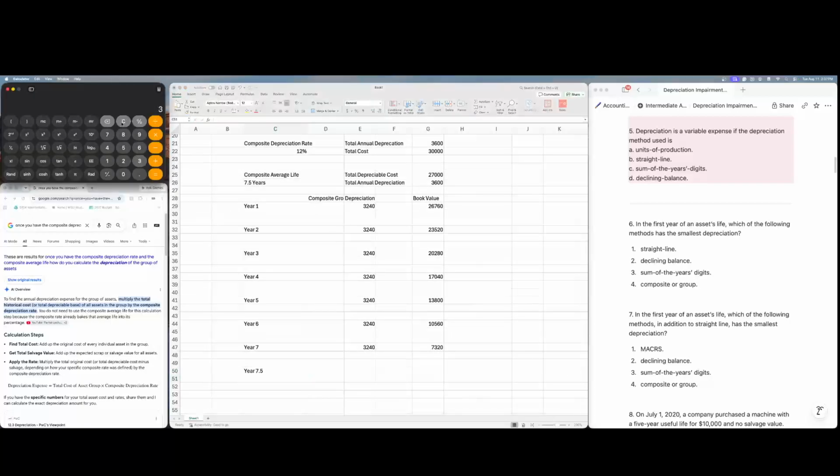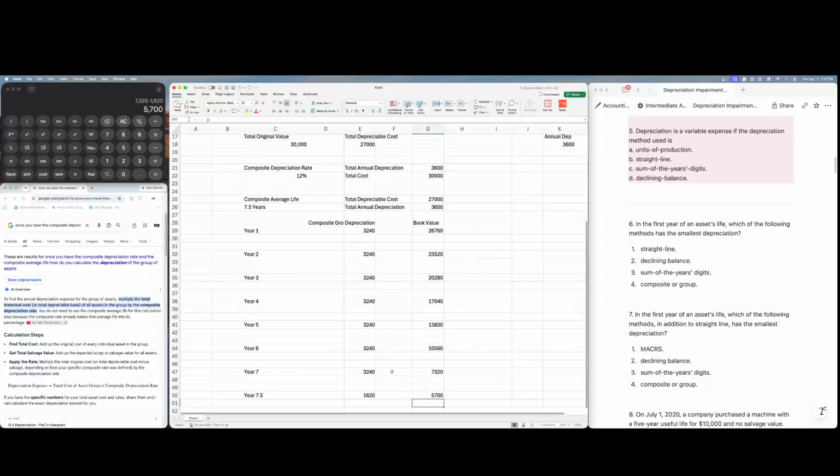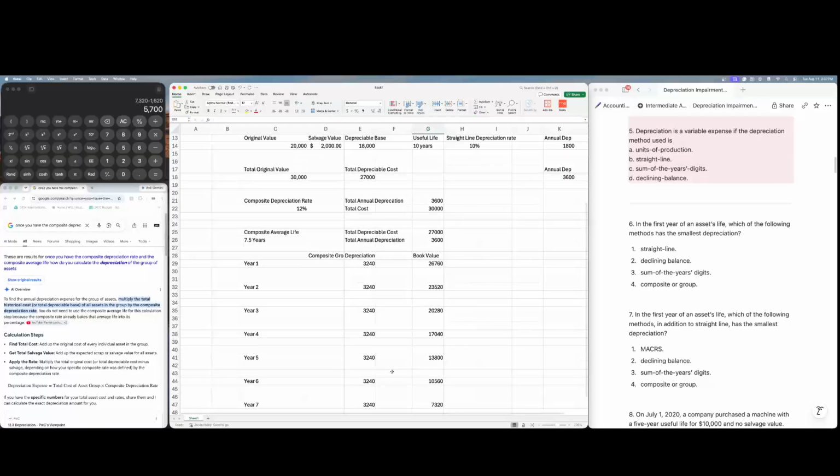Half of that year of depreciation is going to be 3,240 divided by 2, so 1,620. 7,320 minus 1,620 is 5,700. That's not right.